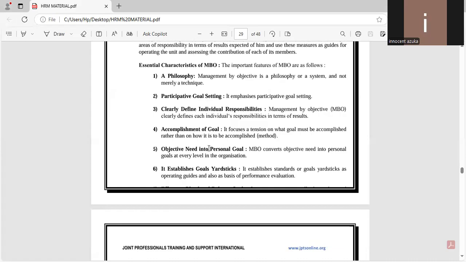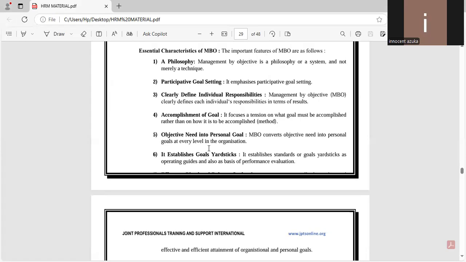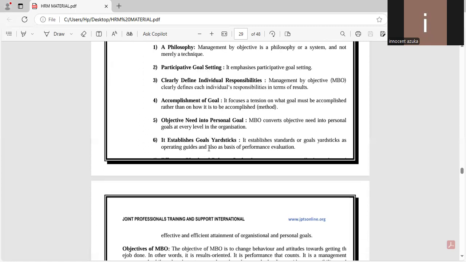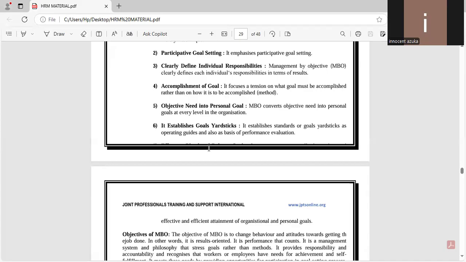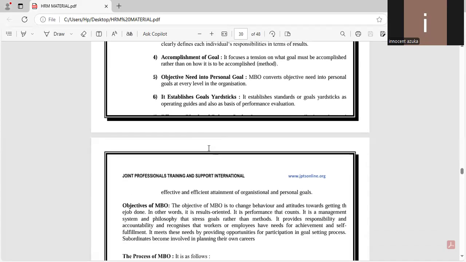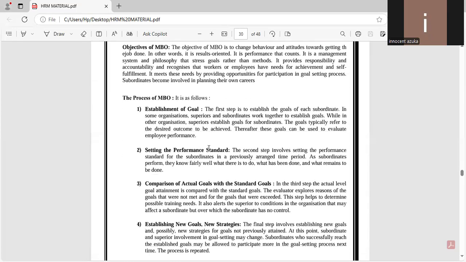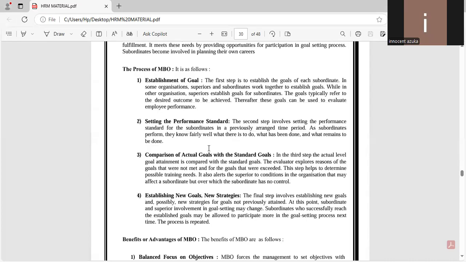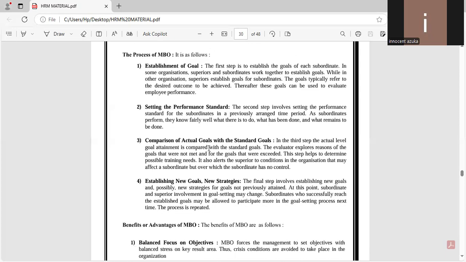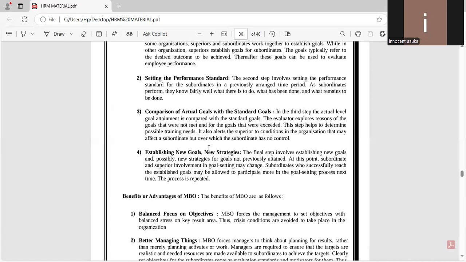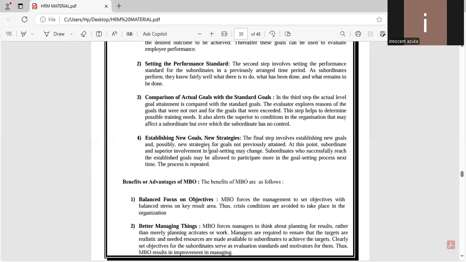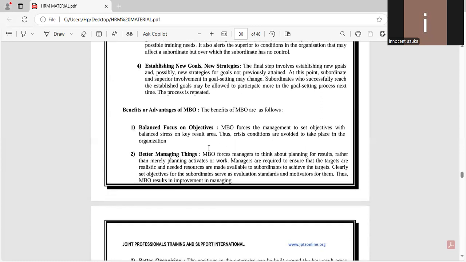accomplishment of goals, objectives need to be SMART goals, establishing goals. The process of MBO is the establishment of goals, setting the performance standard, comparison of actual with goals, establishing strategies.